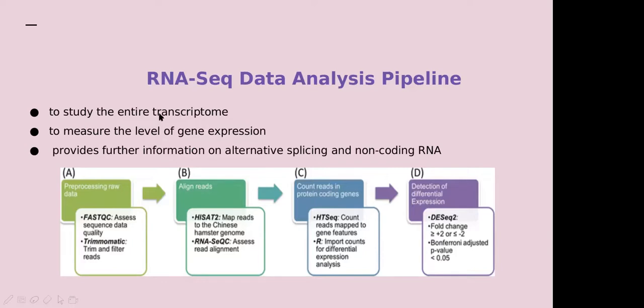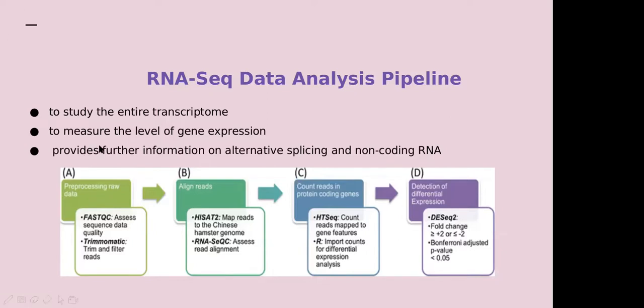We do RNA-seq to study the entire transcriptome. So DNA gives mRNA, and mRNA gives protein. We are going to see how much quantity, or what is the difference in the expression level, from this RNA-seq.